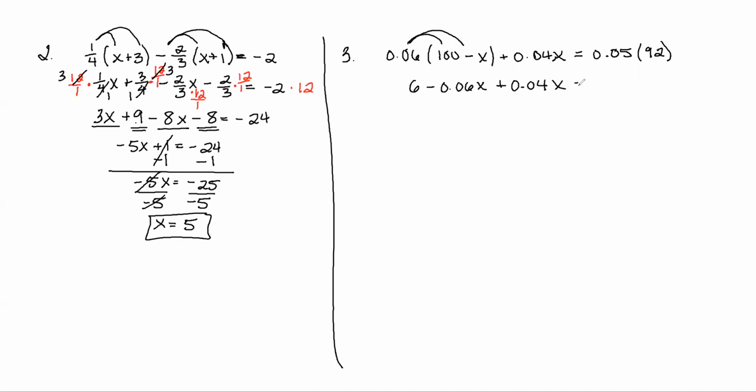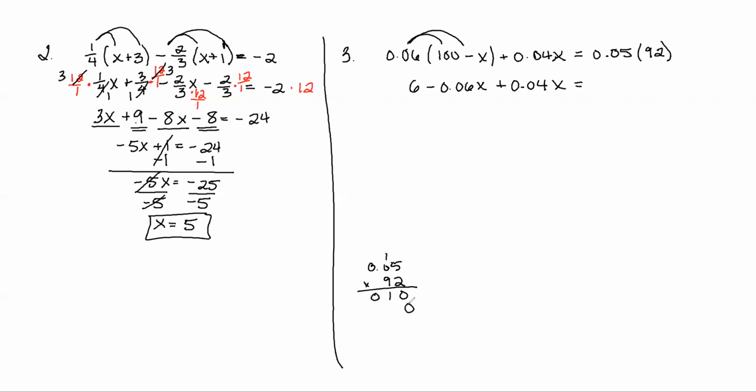Can't do anything with this guy, so plus 0.04x. And then on the right, 0.05 times 92, I'll go ahead and just multiply it off to the side down here. So 0.05 times 92. 2 times 5 is 10. 2 times 0 plus 1. And then 2 times 0.